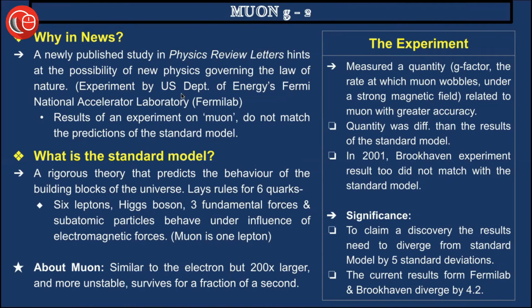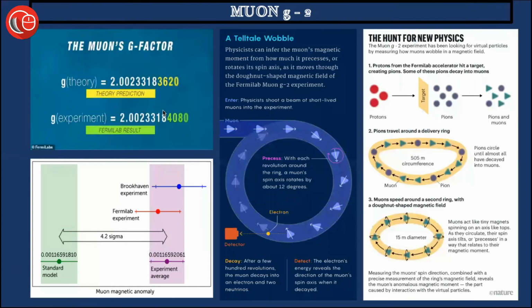So the results of an experiment done by Fermilab on the muon do not match the prediction done before. As per today's theory, the value of G for the muon is 2.002331833620.